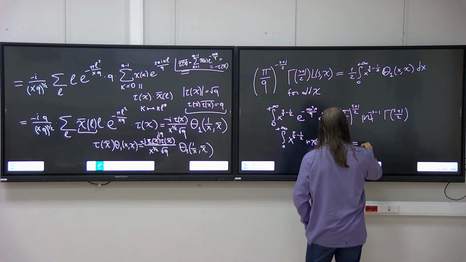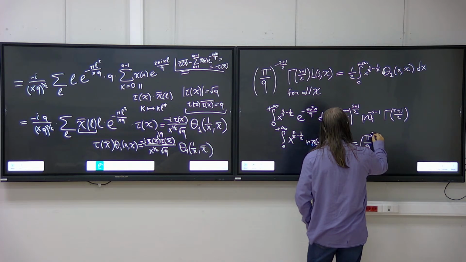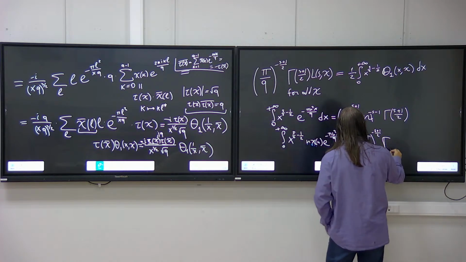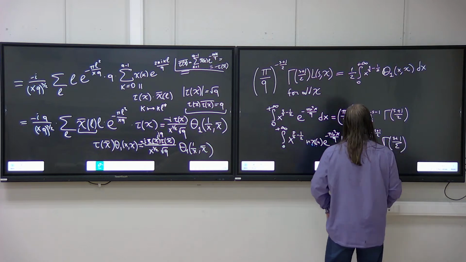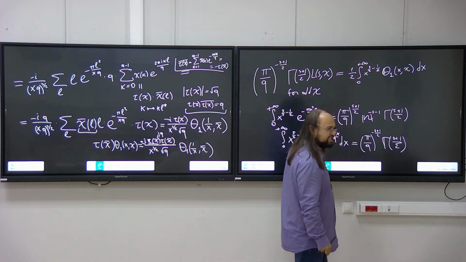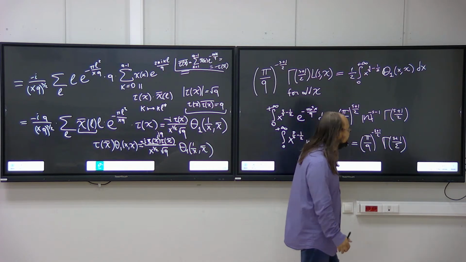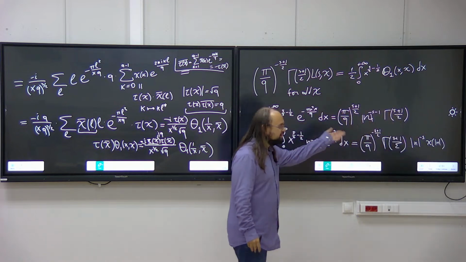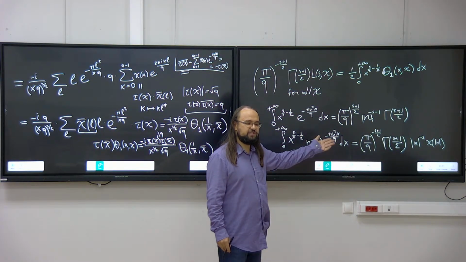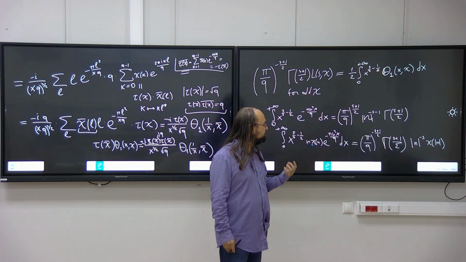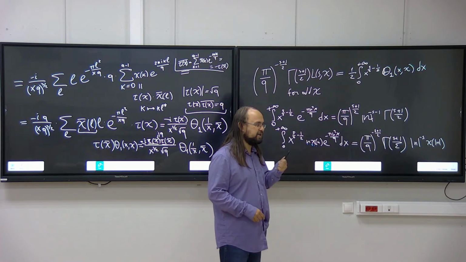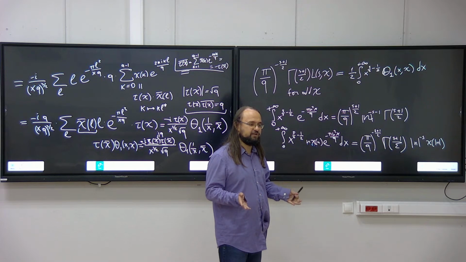This is equal to the same, pi over q to the power minus s plus 1 over 2, gamma of s plus 1 over 2, and then this value is the same as the value at the absolute value of n, so you get absolute value of n to the power minus s, chi of absolute value of n. And then you sum it over all integers. For 0 you get 0, and for negative integers you get the same as for the positive integers. And so your L function will appear 2 times when you sum over all n.